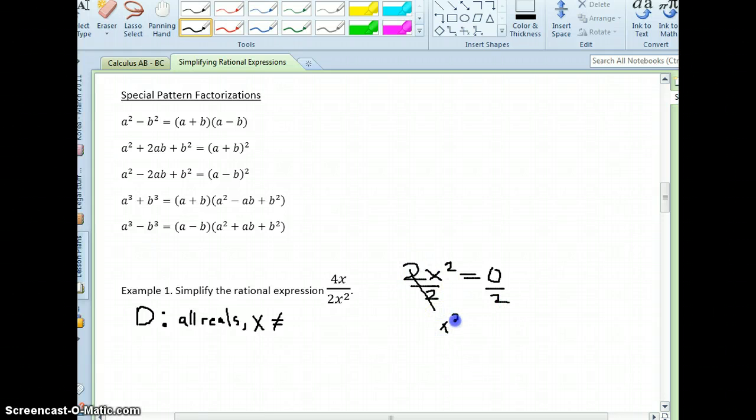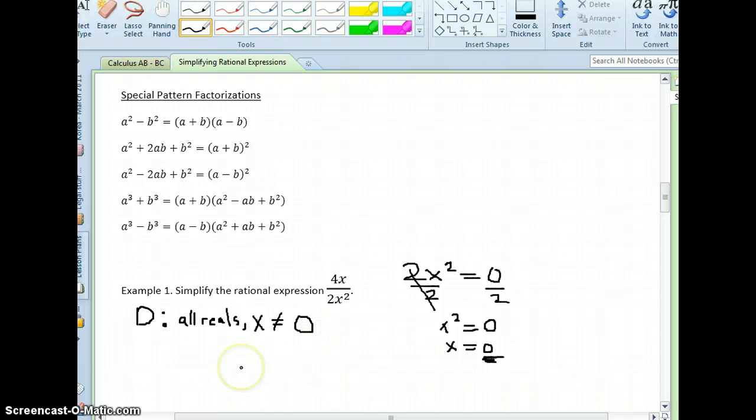That gives me x squared equals, well, 0 divided by 2 is still 0. So the only solution for this is if x itself equals 0. So that is my exclusion value, is 0. There's my domain. X is all real numbers except 0.